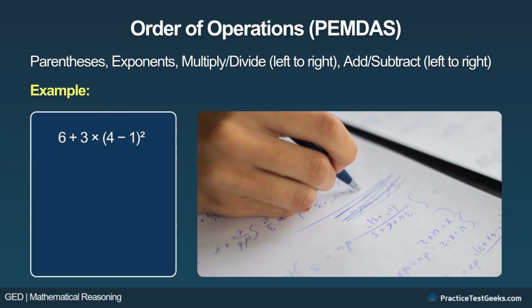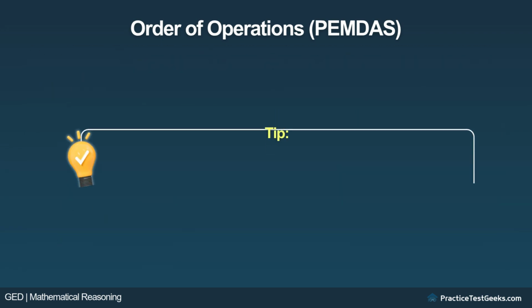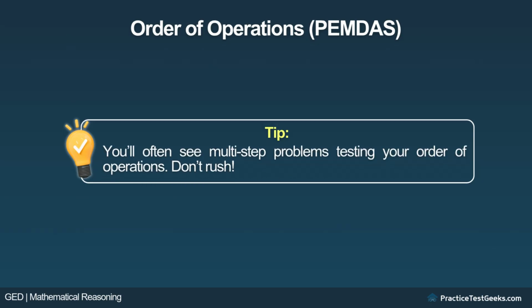Example: 6 + 3 × (4 − 1)² equals 6 + 3 × 3² equals 6 + 3 × 9 equals 6 + 27 equals 33. GED tip: multi-step expressions like this are common on the test. Take your time, follow PEMDAS carefully, and don't skip steps.